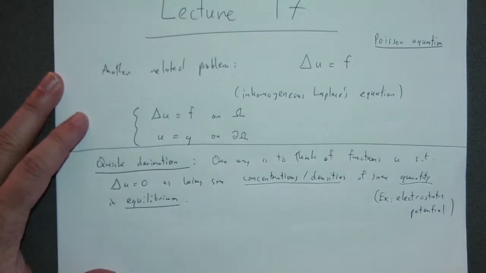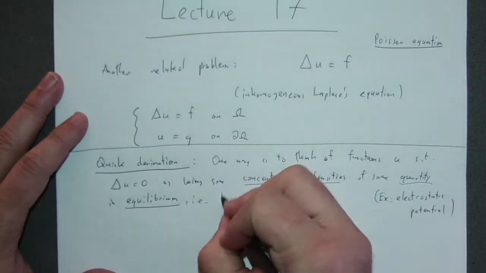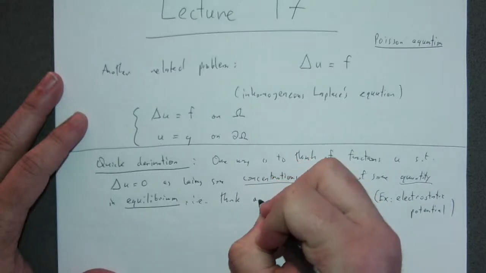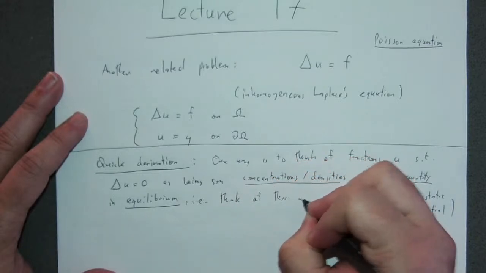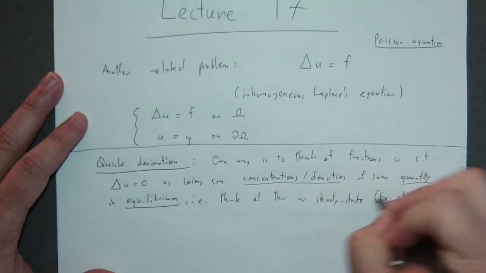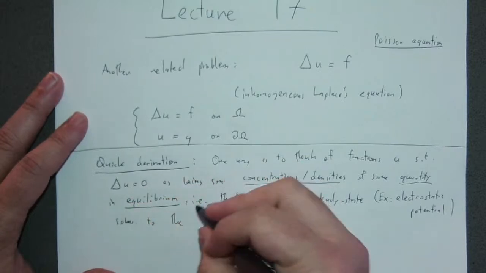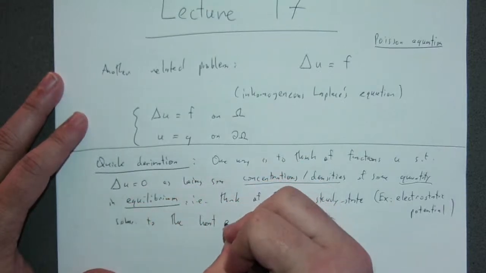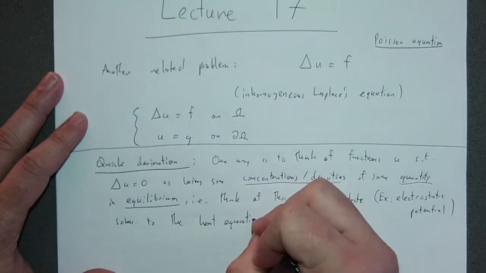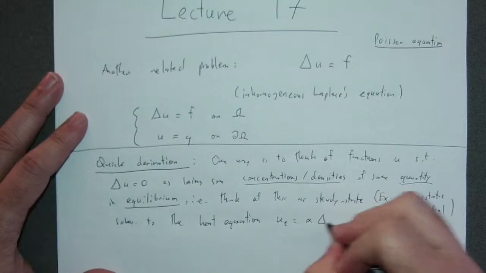so then how does this help us, right? Well, we can think about these as steady state solutions to the diffusion equation. So i.e., think of these as maybe steady state solutions to the heat equation. Recall heat equation looks like this, right?